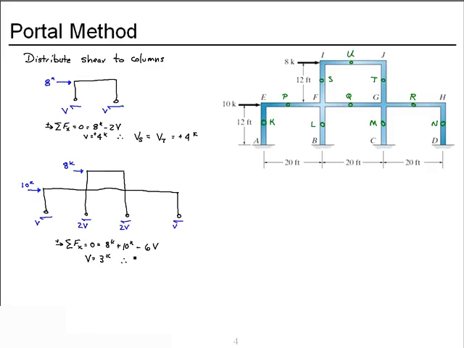That means that the shear at K equals the shear at N, and that's a positive 3 kips. And it also means that the shear at L is equal to the shear at M and is equal to a positive 6 kips.